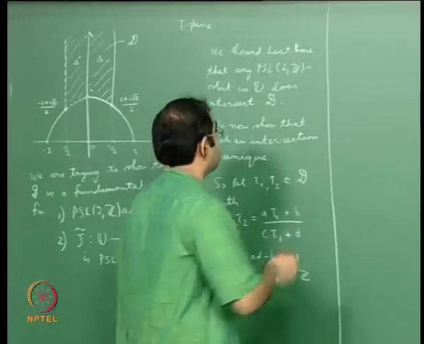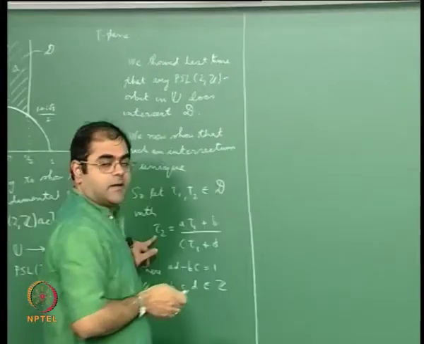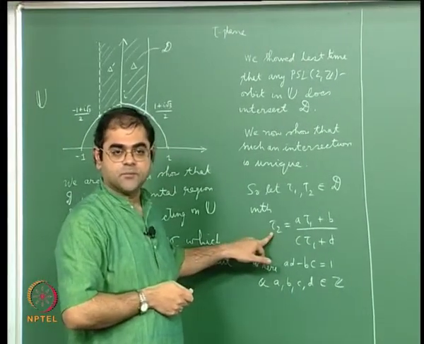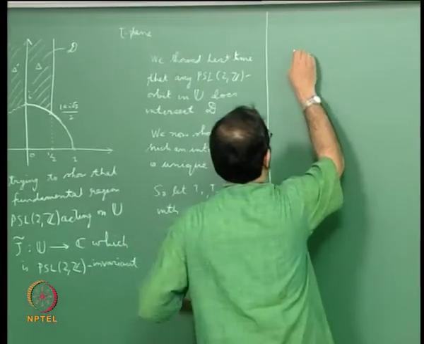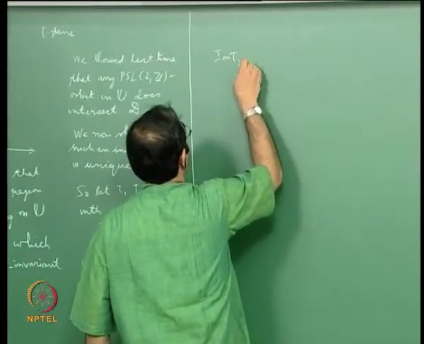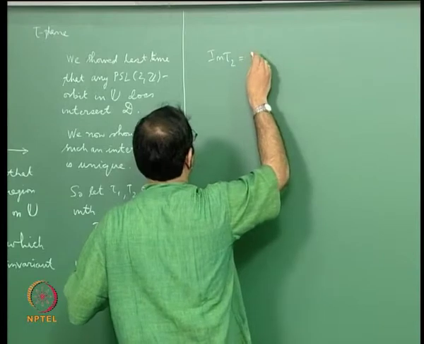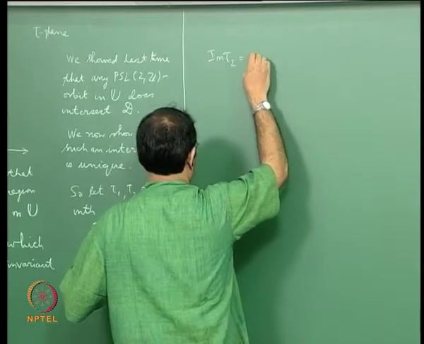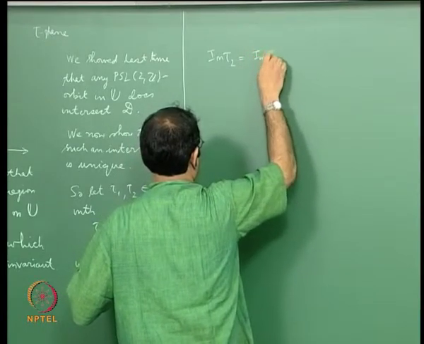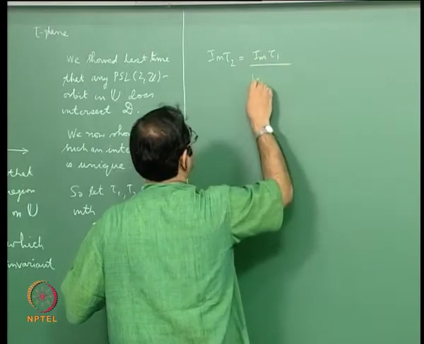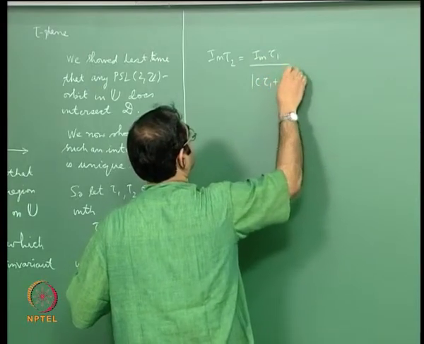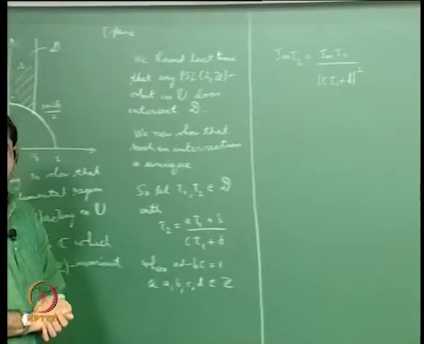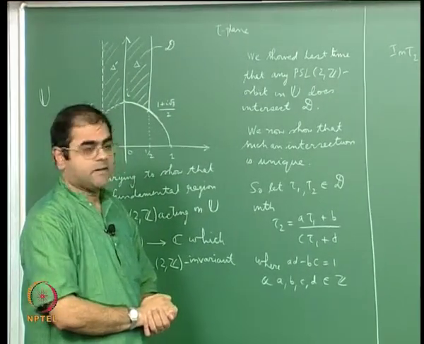from this expression we will get an expression for the imaginary part of tau 2. If you calculate it, the imaginary part of tau 2 will be the imaginary part of tau 1 by modulus of C tau 1 plus D the whole squared. This is just by direct calculation.